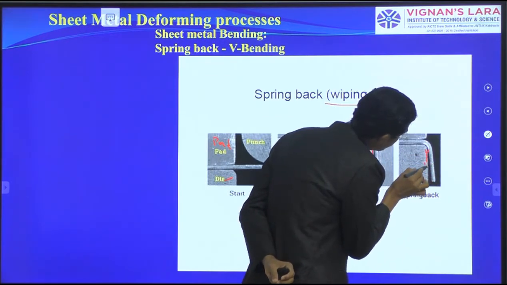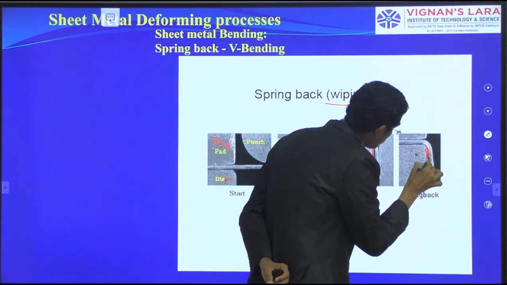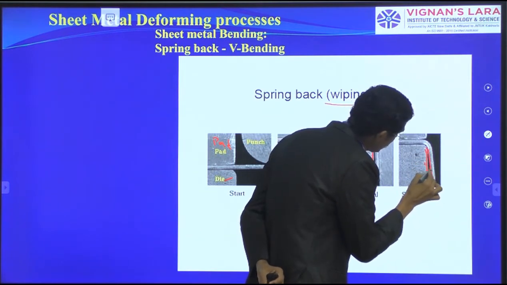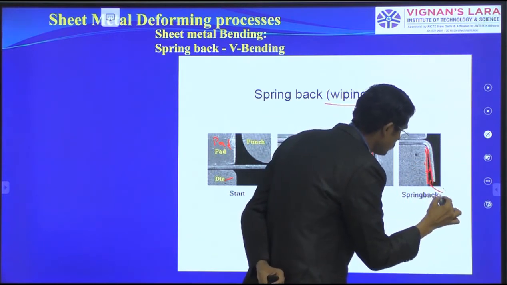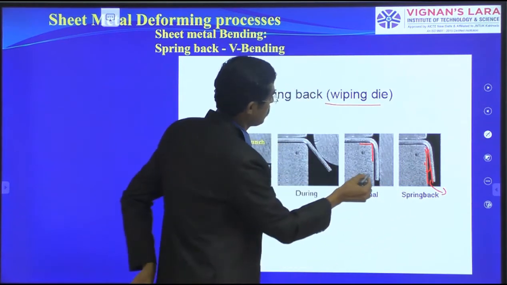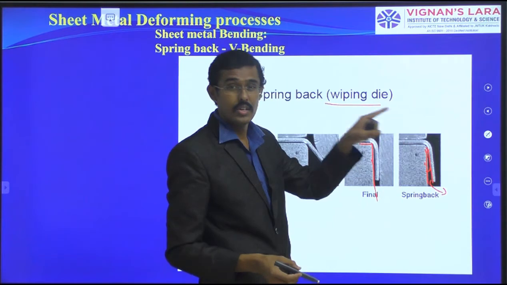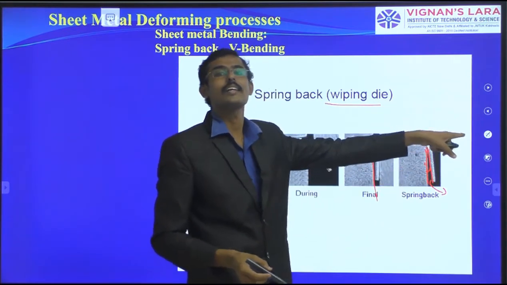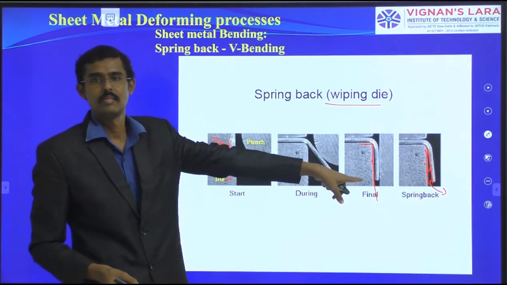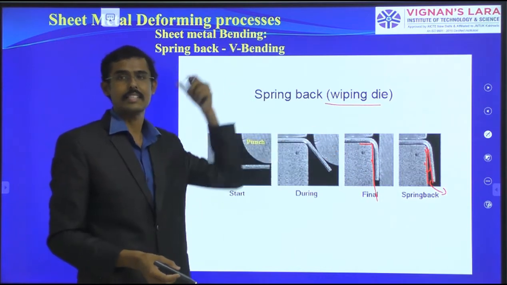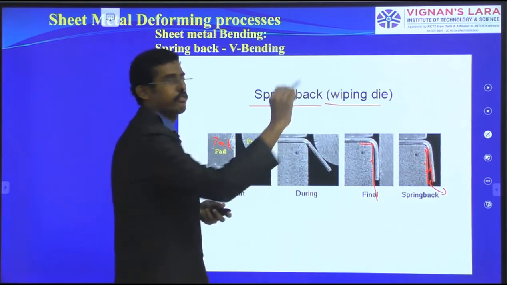This gap is 2 degrees or 3 degrees increased. You see, I think it is visible. Here it is 0. There is no gap. After removal, due to spring back, it is slightly increasing. We should plan for that, and then if it is okay, we can accept. That is named as the spring back effect.